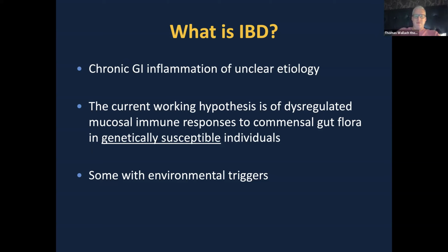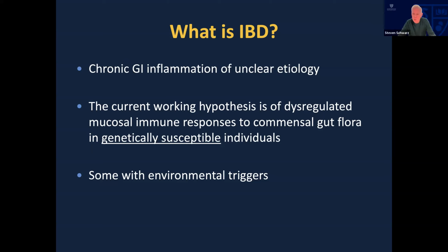Okay. So anyway, you've heard all of this before from Dr. Levine's lectures, but what is IBD? It's a chronic GI inflammation of unclear etiology, although we now know more about how it develops. The current working hypothesis is that it represents a dysregulated mucosal immune response to the commensal flora.